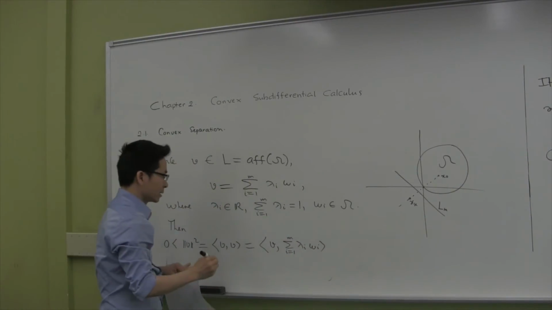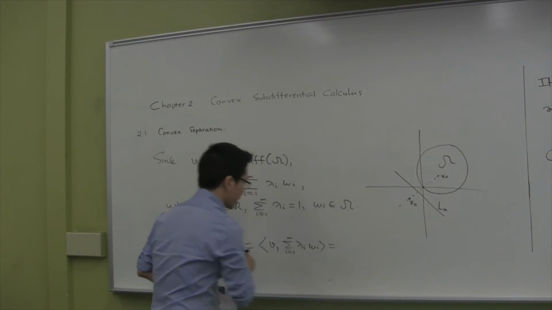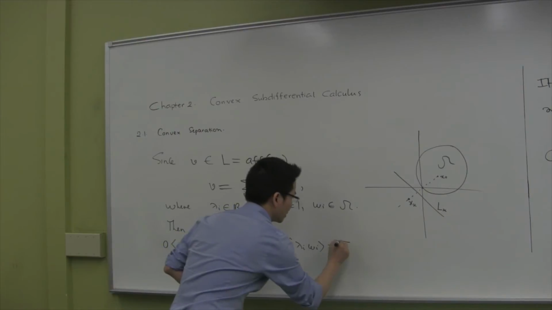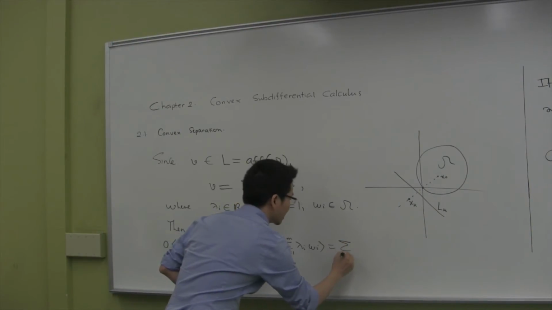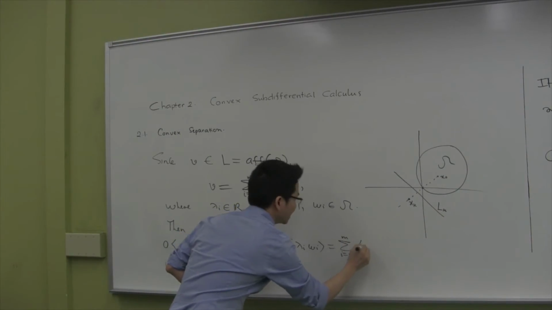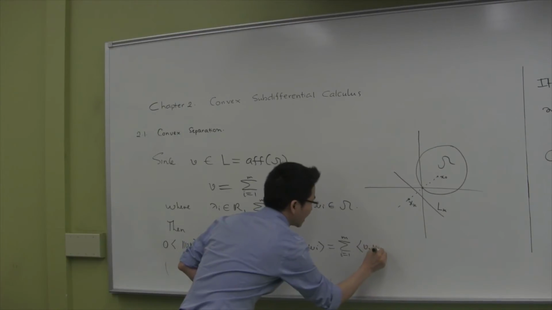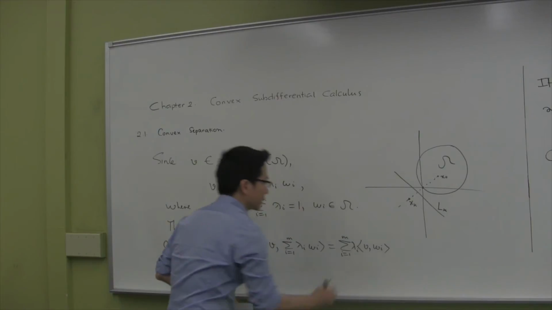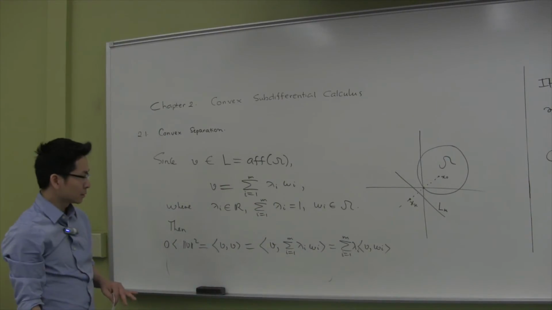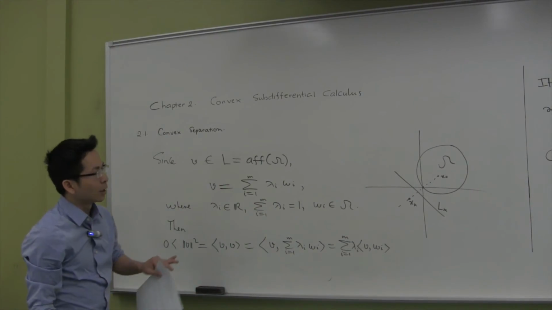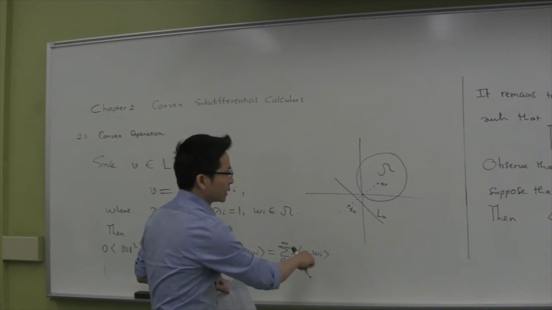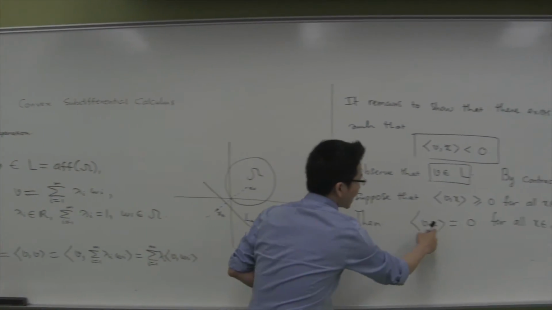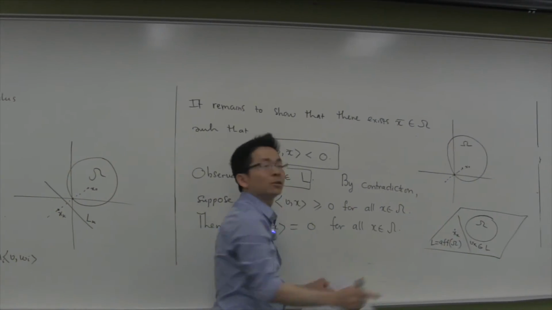This inner product can be written as the sum, where i runs from 1 to m, of lambda_i times the inner product of V and omega_i. Now observe that the inner product of V and x is equal to 0 for all x in Omega.